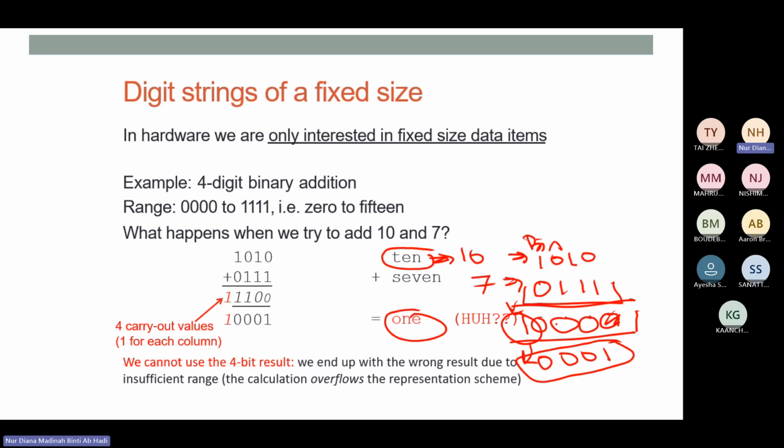So when we have 10001, only then we get the real answer which is 17. Correct? Am I right? Instead of only using 0001 where your value is only 1 for this calculation. Which one is correct? The 17 or the 1? It's supposed to be, when we do the conversion, 17. Yes.